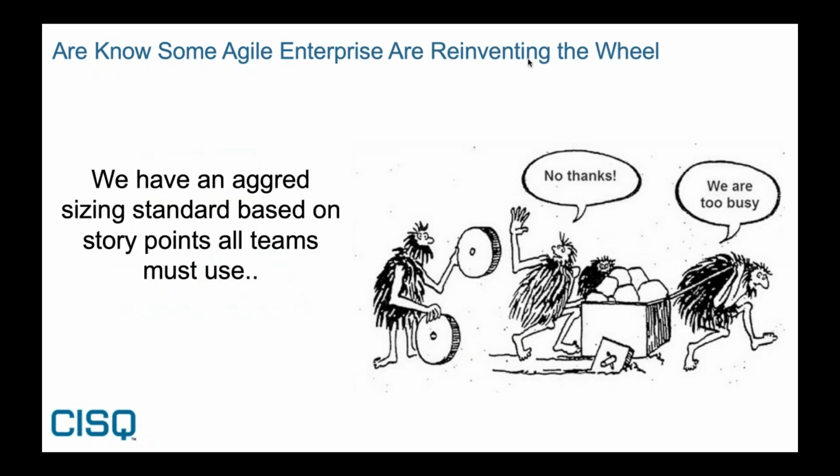Now, this is a new trend. In about the last 18 months, I've been involved with 3 organizations that are effectively reinventing function points under another guise. I can think of a number of telcos, for example, that have developed a sizing-based standard internally on story points.